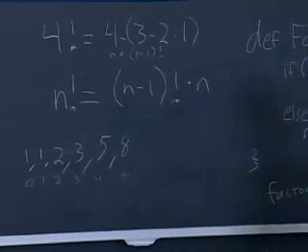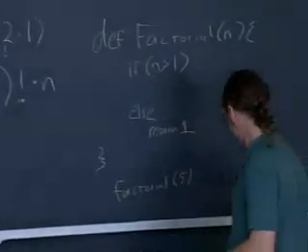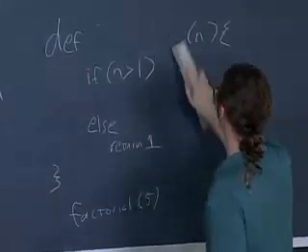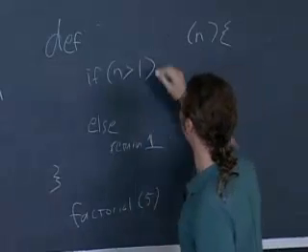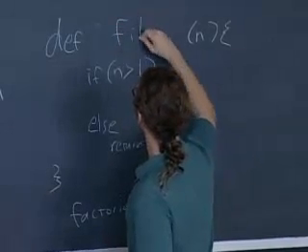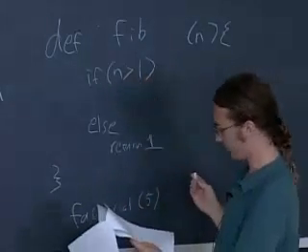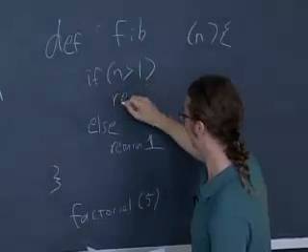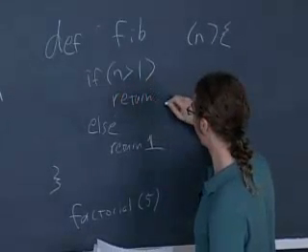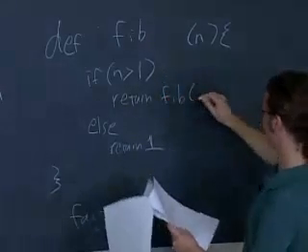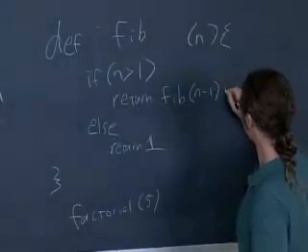So we could say that here. Instead of factorial, we call it Fibonacci. And we'll notice that they're almost the same thing. Let's say fib: if n is greater than 1, we return Fibonacci of n minus 1 plus Fibonacci of n minus 2.